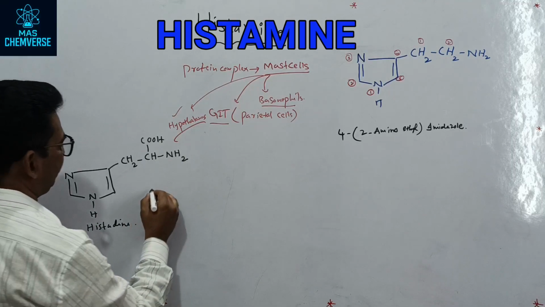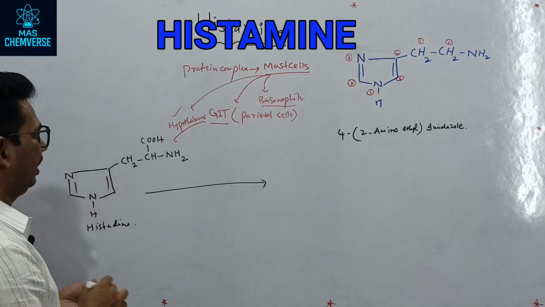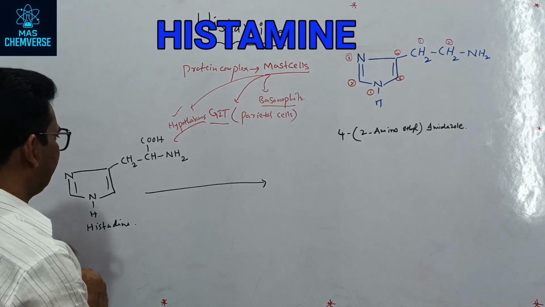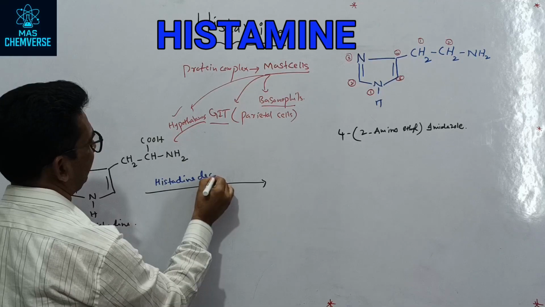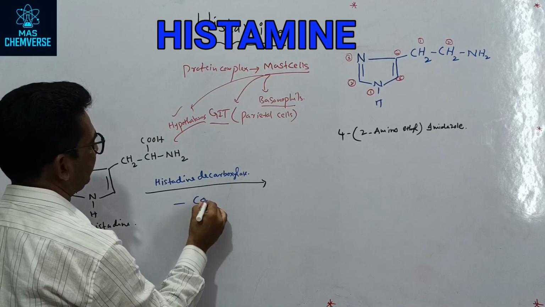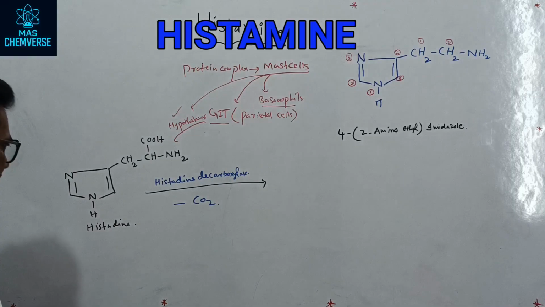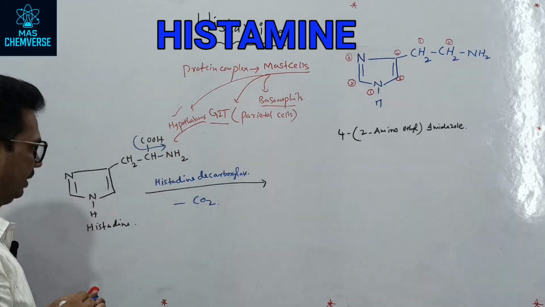Here, especially in the mast cells, one enzyme is available. That enzyme is called histidine decarboxylase. Remember the enzyme histidine decarboxylase, which removes the carbon dioxide from here.